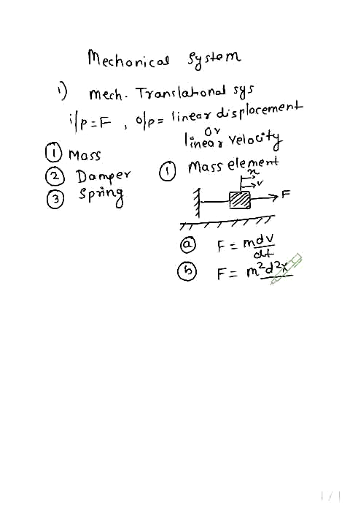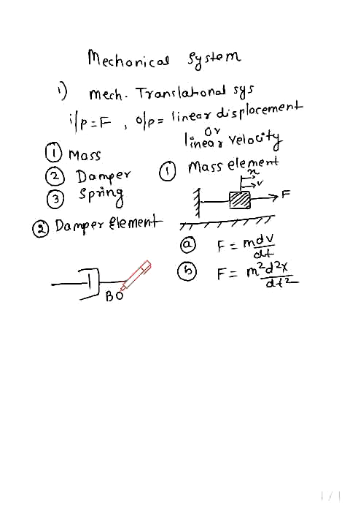A part will be the force expression in terms of the velocity, and in the B part we can present force in terms of displacement. So this is about the force equation of the mass element.